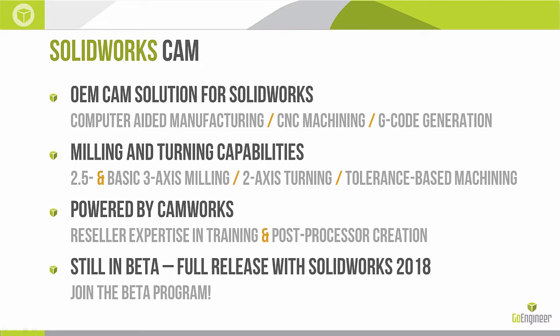It will include potentially a G-code editor. That's coming free of charge to everybody. There will also be a SolidWorks CAM Professional package that comes at a low cost, which will include the 2-axis turning and potentially some other aspects of CAMWorks that has yet to be determined.